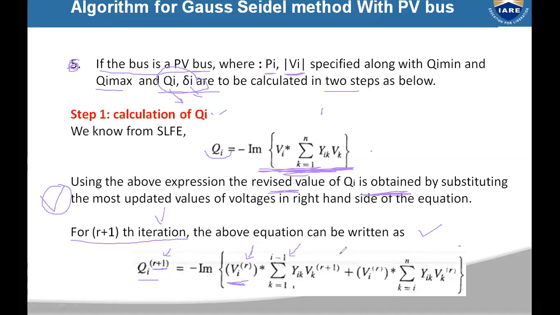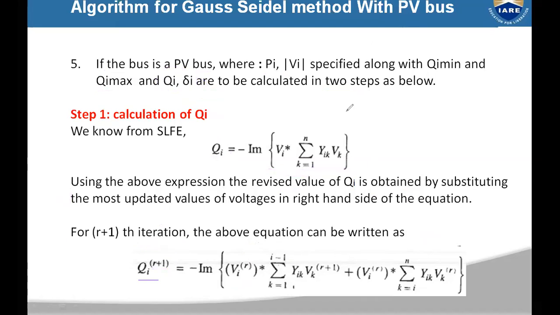Here the above equation is split. The original expression is from k equals 1 up to n. In the middle you have the ith bus, and before the ith bus you have bus i minus 1.